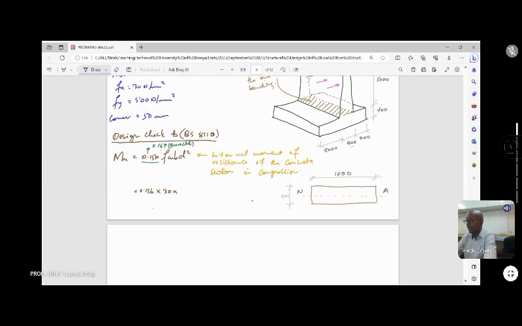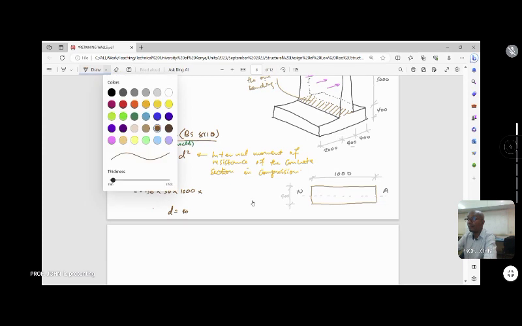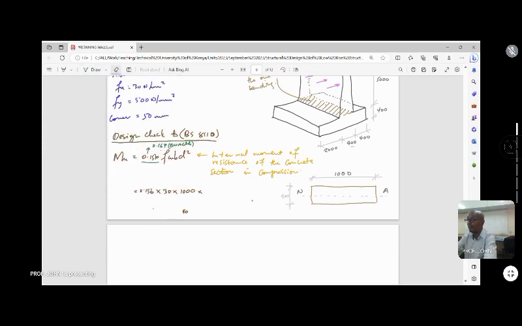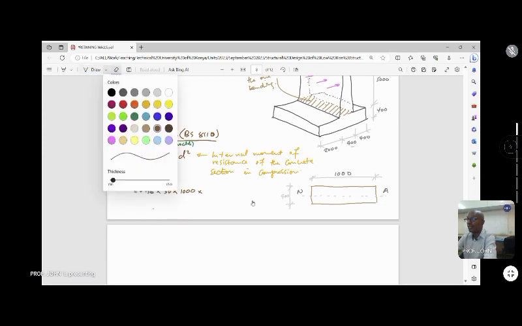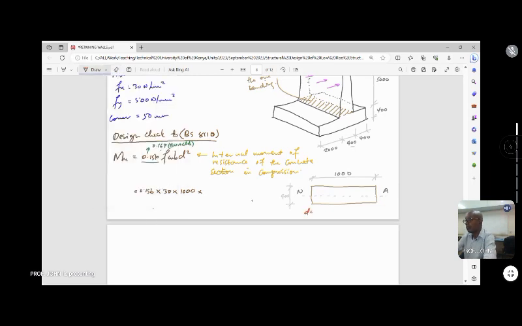So the B will be 1,000, next 1,000. The D will be 400. Let's try it on that side. D will be 400 minus the cover, which is 50, minus an approximate half diameter of the bar.